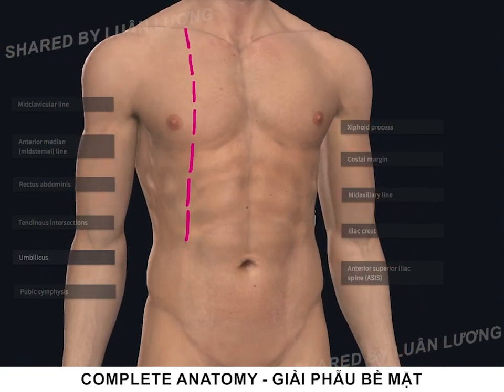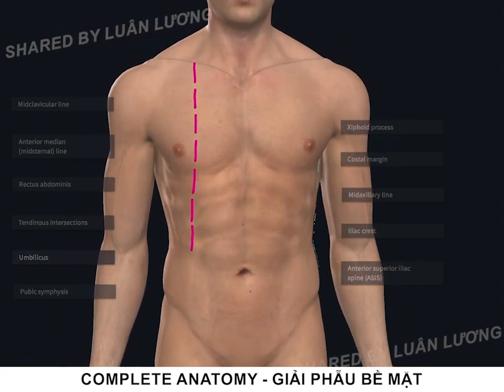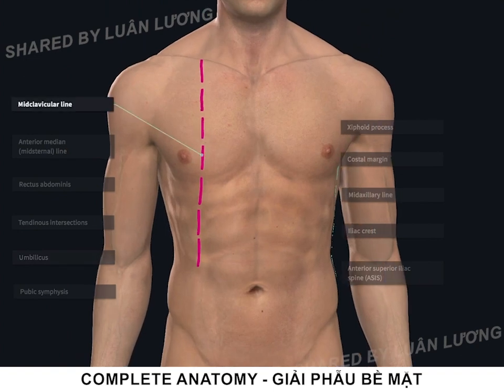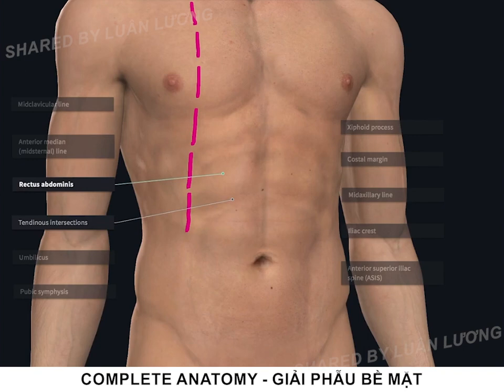Another visual landmark is going to be halfway along the clavicle, which is the mid-clavicular line. And typically, the mid-clavicular line is going to be along the lateral aspect of the six-pack muscles, our rectus abdominis. And the rectus abdominis will be subdivided by small lines known as tendinous intersections.